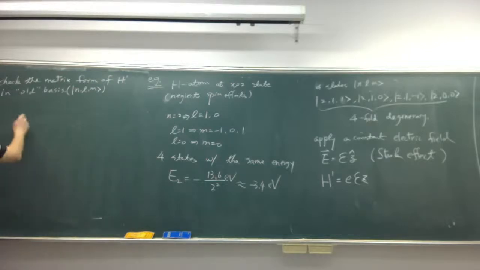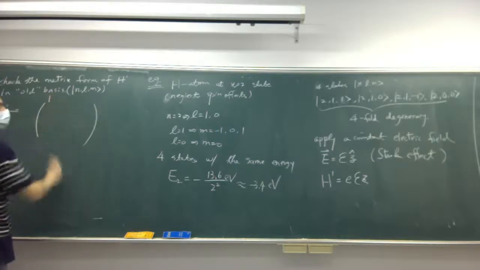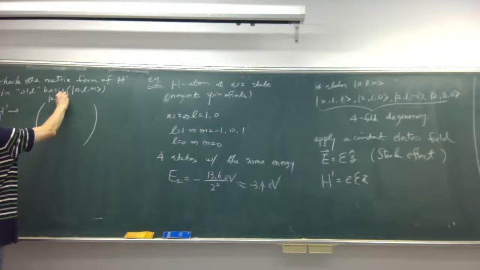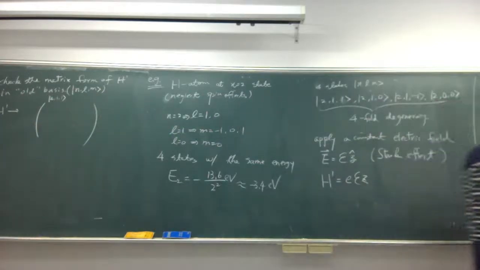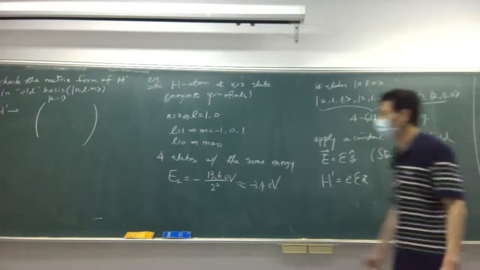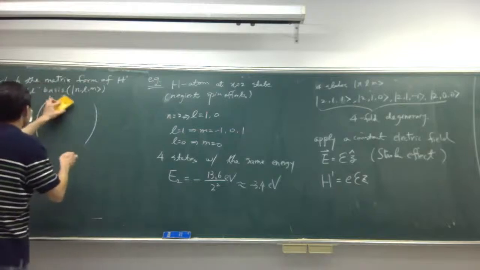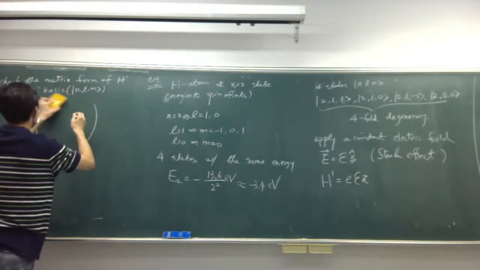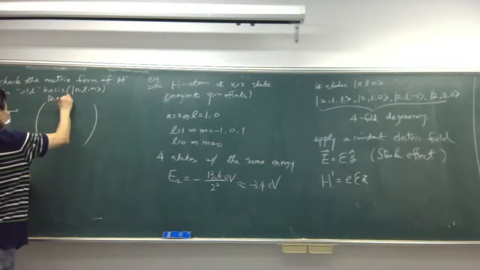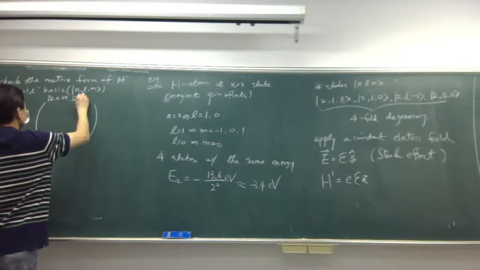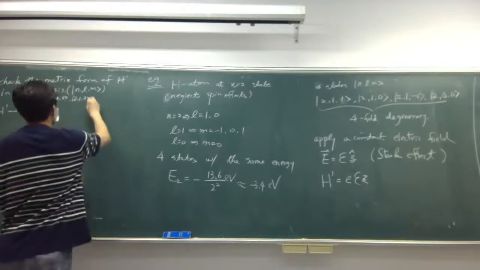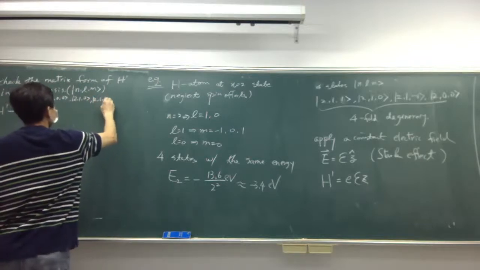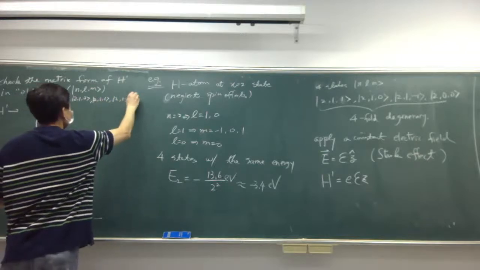Okay, so now let's check H1. I have 2 1 1, 2 0 0, 2 1 0, 2 1 1, 2 1 -1, and same here.